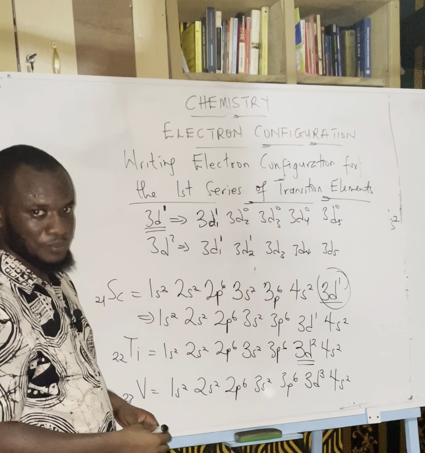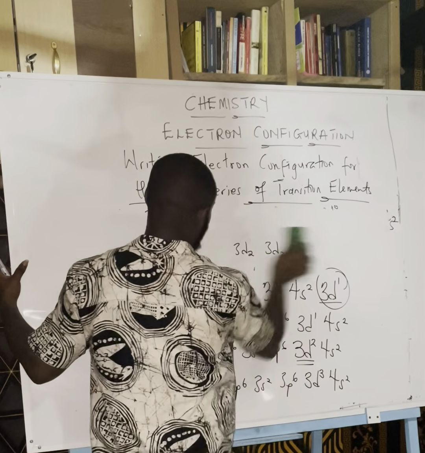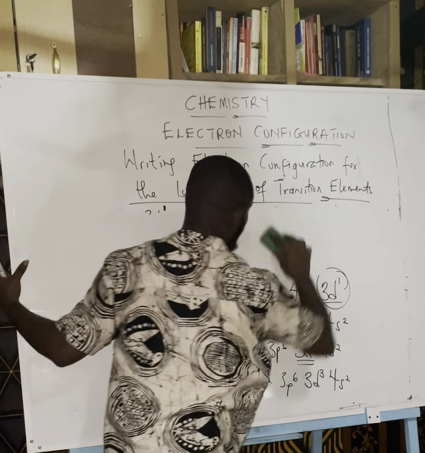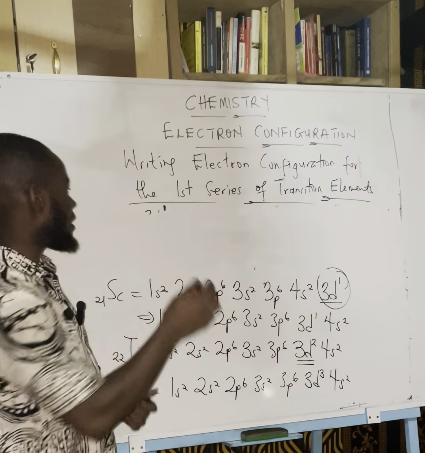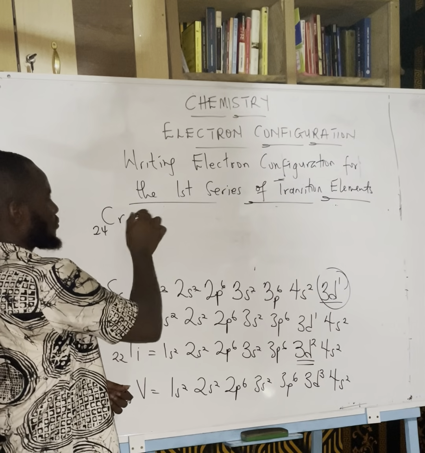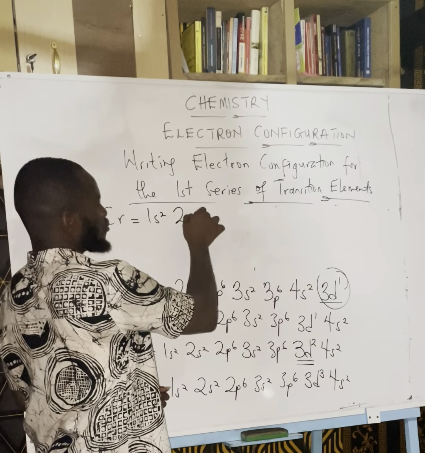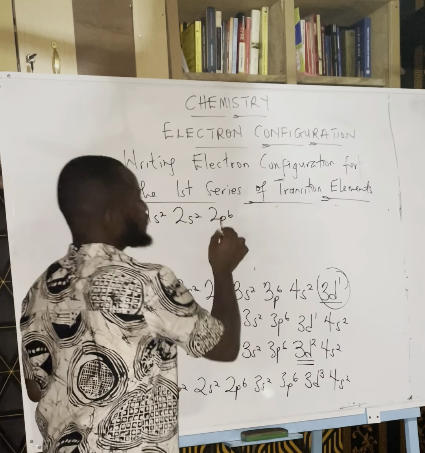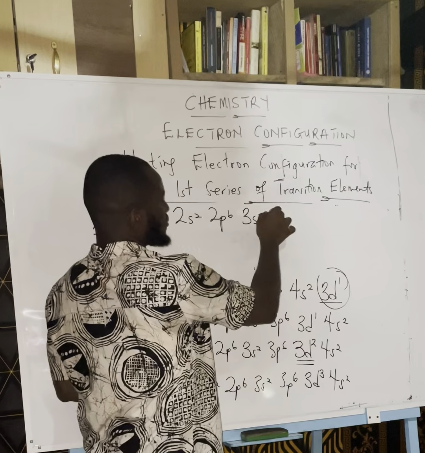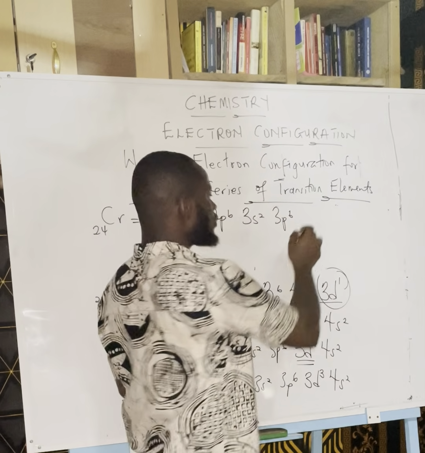So now, the next one will be chromium. Now, quickly, let's look at chromium. So chromium here has atomic number 24. So this will be 1s2, 2s2, 2p6, 3s2, 3p6. What do you do?